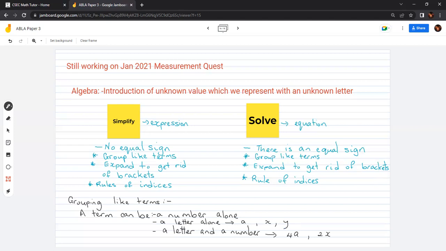What 4A actually means is 4 multiplied by A, and 2X means 2 multiplied by X. So anytime you have a number and a letter, or two letters together, it's understood that they are multiplying in between.